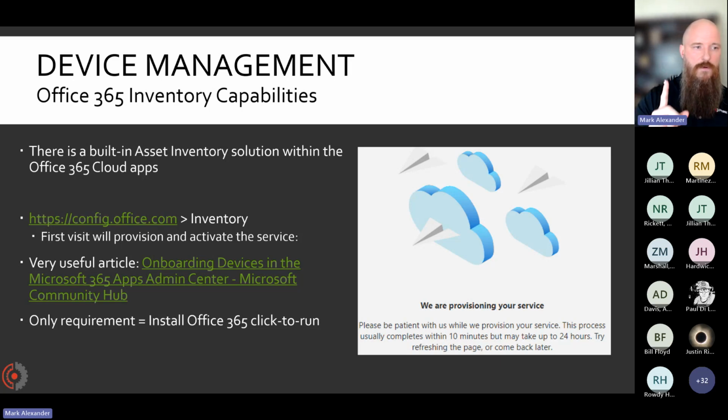But I think the most important part, right? You have to pay for these. If you want an inventory tool that does this, you actually have to pay for it. But it's free with Office, included with Office, that is.